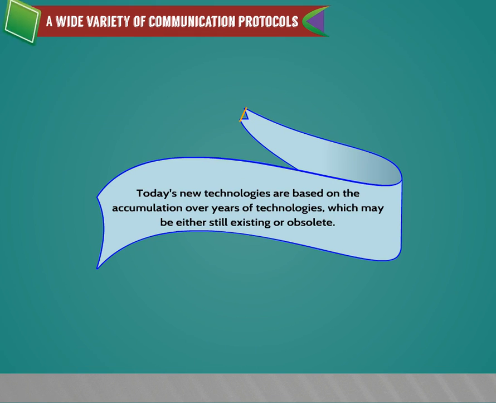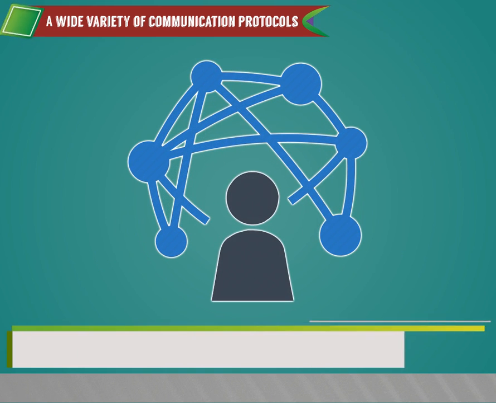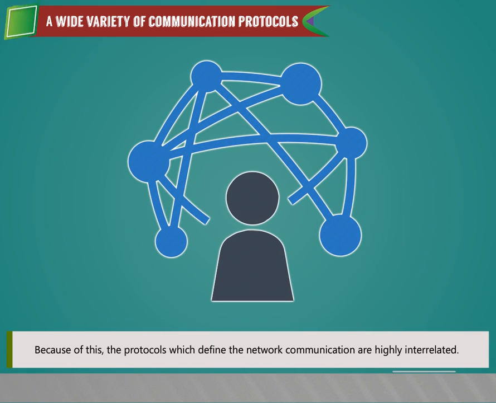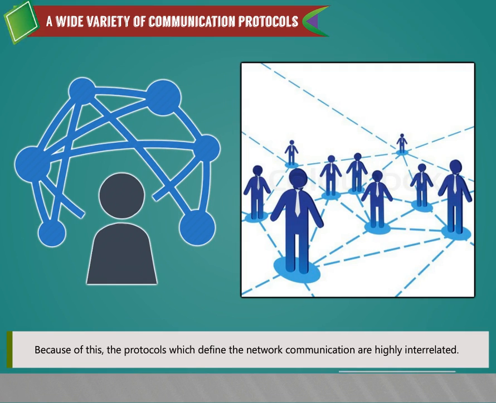Today's new technologies are based on the accumulation over years of technologies, which may be either still existing or obsolete. Because of this, the protocols which define the network communication are highly interrelated.